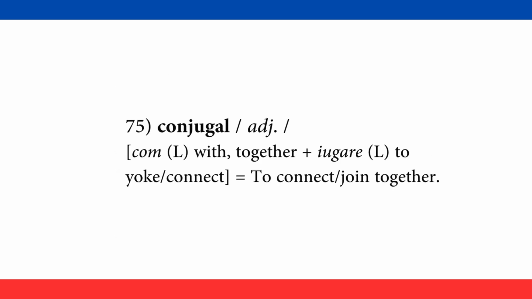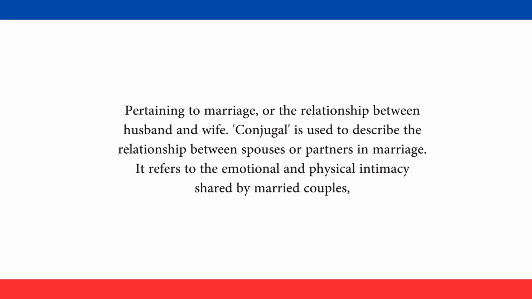Number 75. Conjugal, which is an adjective, is from a Latin word meaning with, together, plus iugare, Latin word meaning to yoke, connect. This gives us to connect, join together. Pertaining to marriage, or the relationship between husband and wife.